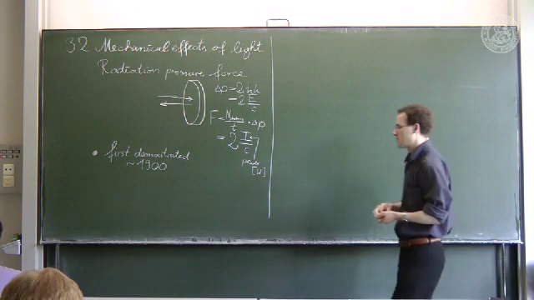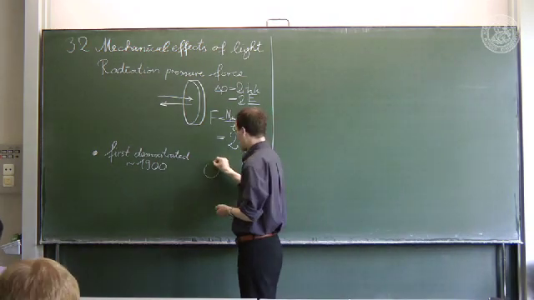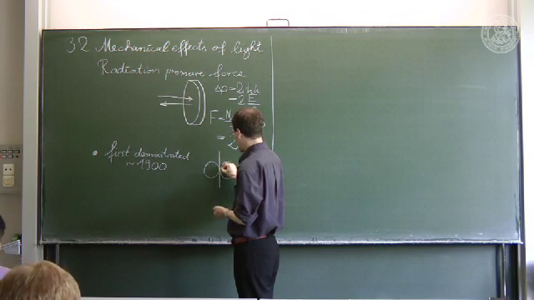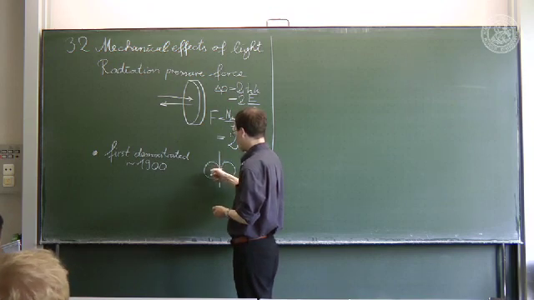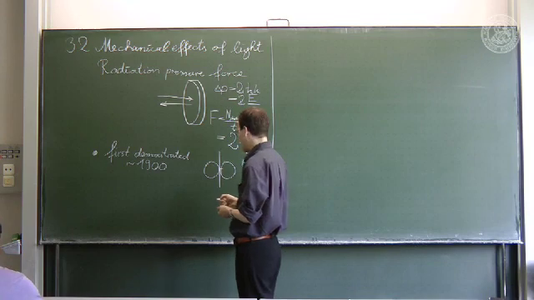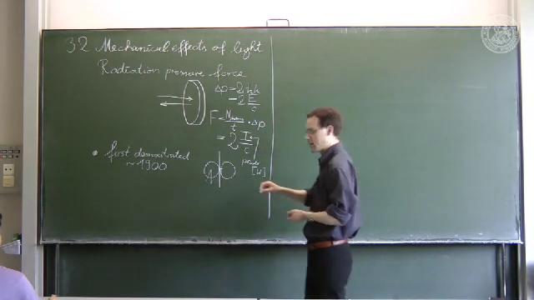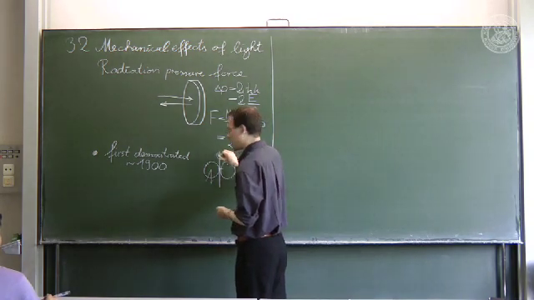So what they used was a device which you may have seen as a toy, which is a torsion pendulum with two of these surfaces, one of which has light reflected from it. And so the idea is then that the whole structure would start turning around.